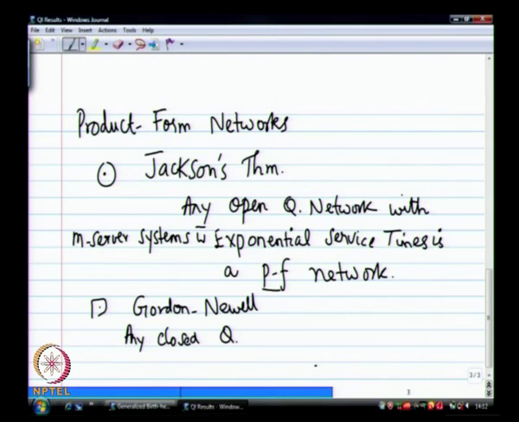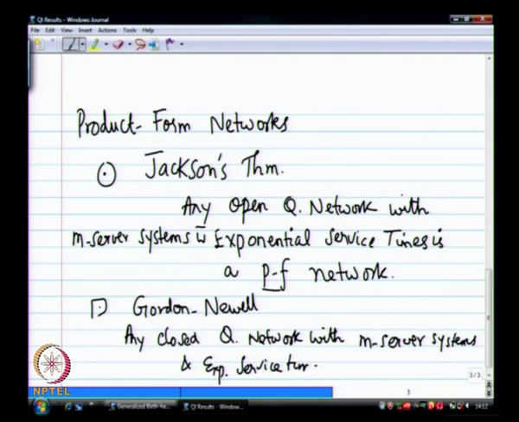So here they showed that any closed queuing network of M server systems and exponential service time is also a product form network.